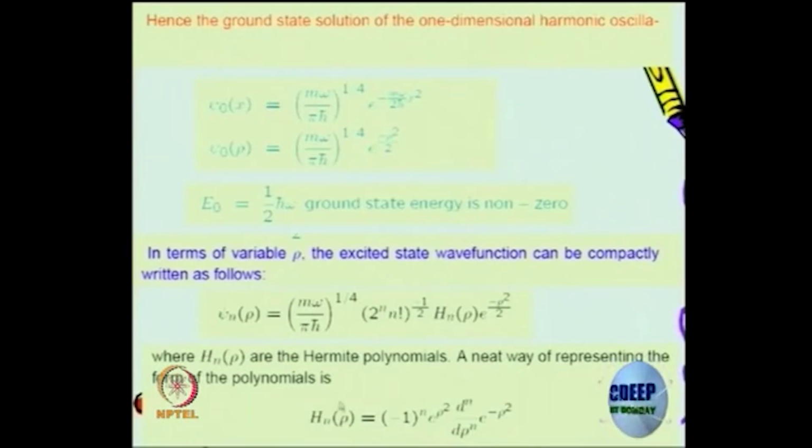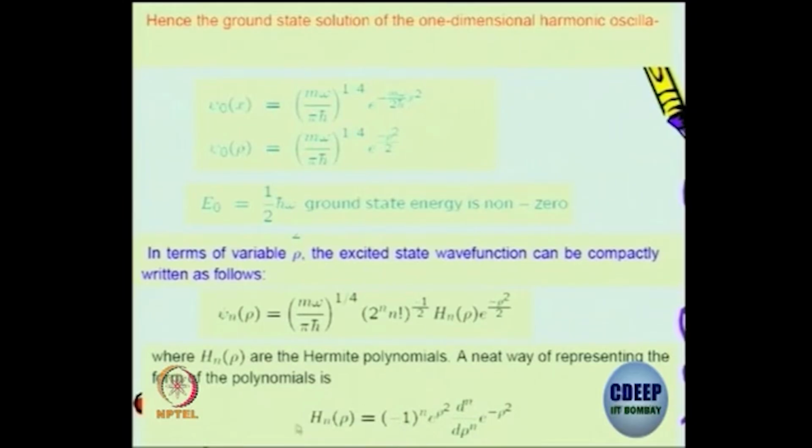If you have not seen it, there is no need to memorize Hn of rho, but you could do this systematically by working out the nth derivative operator on e to the minus rho squared. So for n equal to 0, this derivative operator is not there, and you get directly 1. If n is 1, the derivative is d by d rho on e to the minus rho squared. That will give you a minus 2 rho, which becomes 2 rho, and so on.